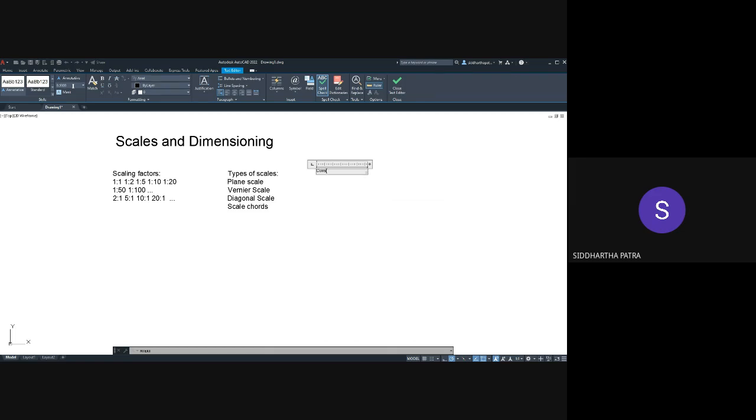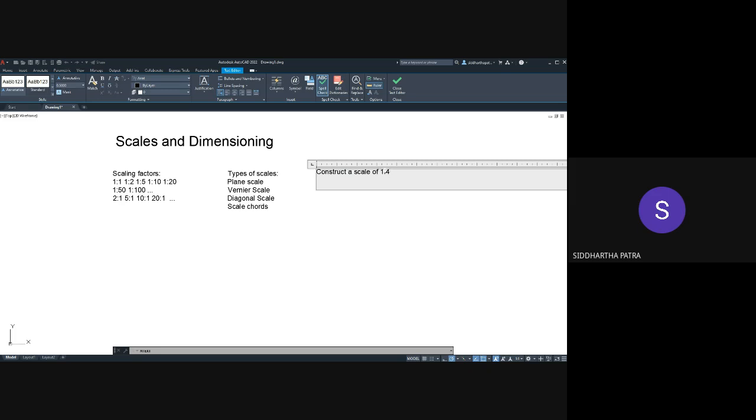Construct a scale. Can you see the font on the screen, or should I make it larger? Sir, please make it larger. Construct a scale of 1 is to 4.